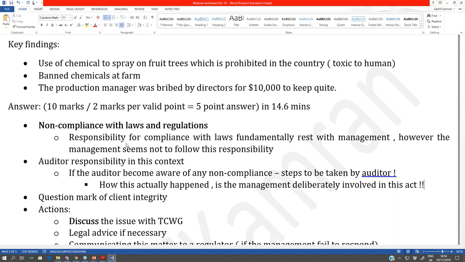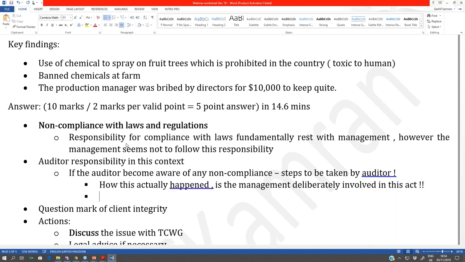It seems that the management is bribing the person just to keep quiet. Secondly, is there any impact of non-compliance on the financial statements, like a provision? Example, a penalty, a fine, for which we need to recognize a provision.